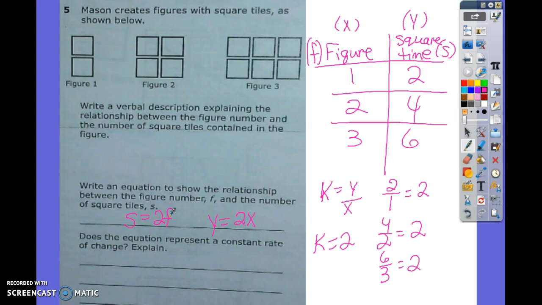So a verbal description explaining the relationship between the figure number and the number of square tiles contained is each figure number multiplied by 2 will give you the number of square tiles.